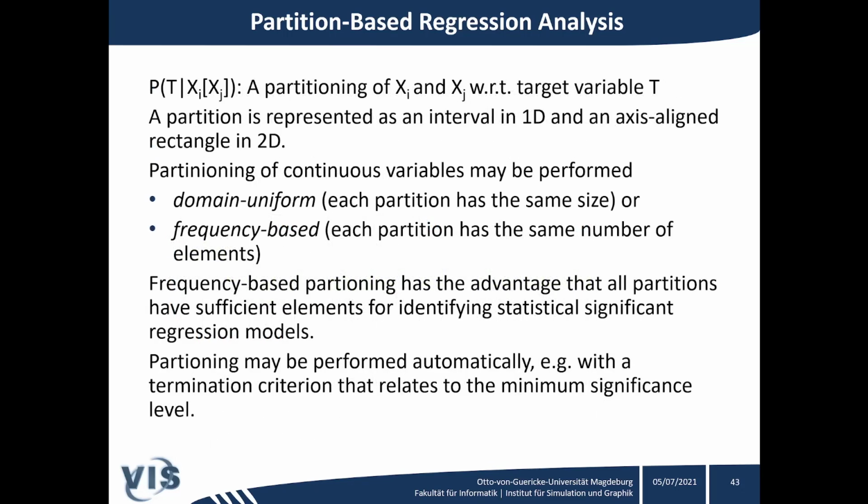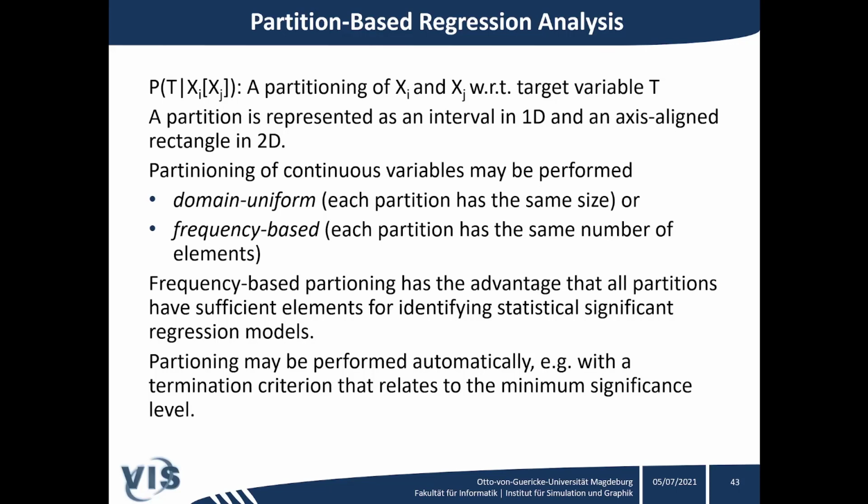What we want to have is a partitioning of x1 and x2 with respect to the target variable t. So a partition is represented as an interval in 1D and an axis-aligned rectangle in 2D. There are two ways how continuous variables can be partitioned.